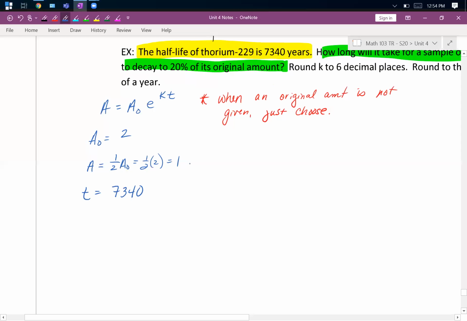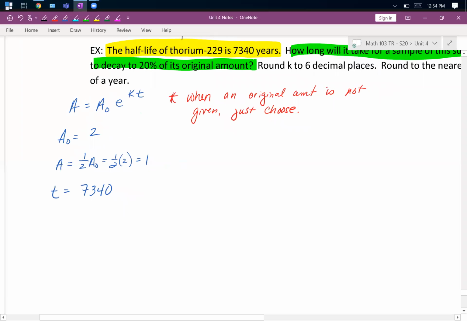Now I'm going to plug it into this equation and solve. 1 is equal to 2 times e to the k times 7,340 power. We're going to solve this exponential.